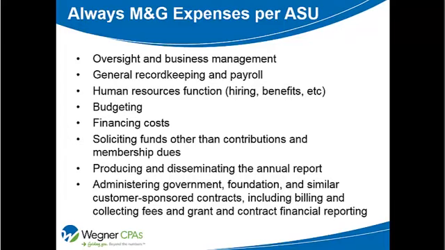So the ones that we're seeing the most feedback on from not-for-profits are the annual report one, where a lot of people were putting that in fundraising because they used that document to help them raise funds for the next year. So that one always has to go into management and general.